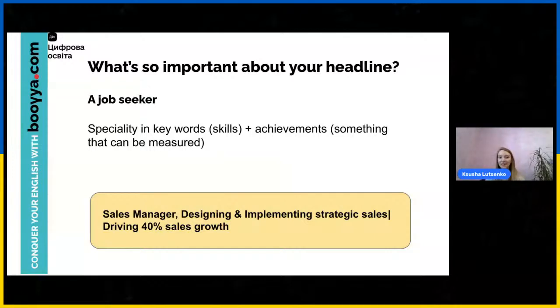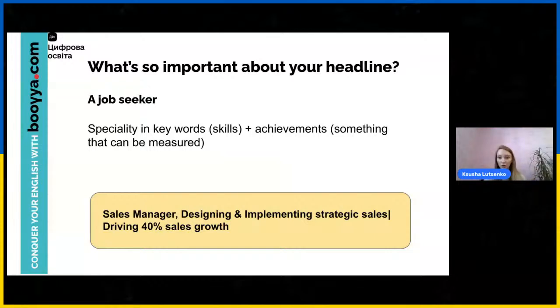For example, sales manager, specialty in keywords, designing and implementing strategic sales, skills, driving 40% sales growth, achievement that can be measured in percent.